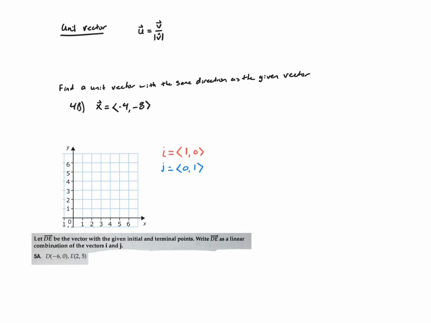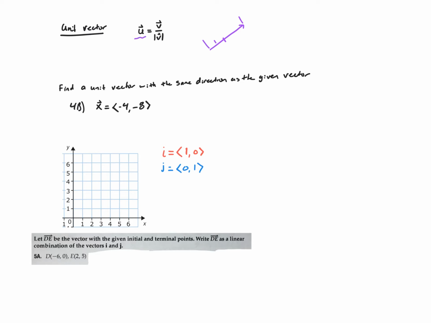All right, now a unit vector is just a vector that's 1 unit in length. And so if I have some vector, let's say it's this long, if I know its magnitude, right, how far it is from here to here, if I divide by its magnitude, then it's going to make it just 1 unit in length. Right?